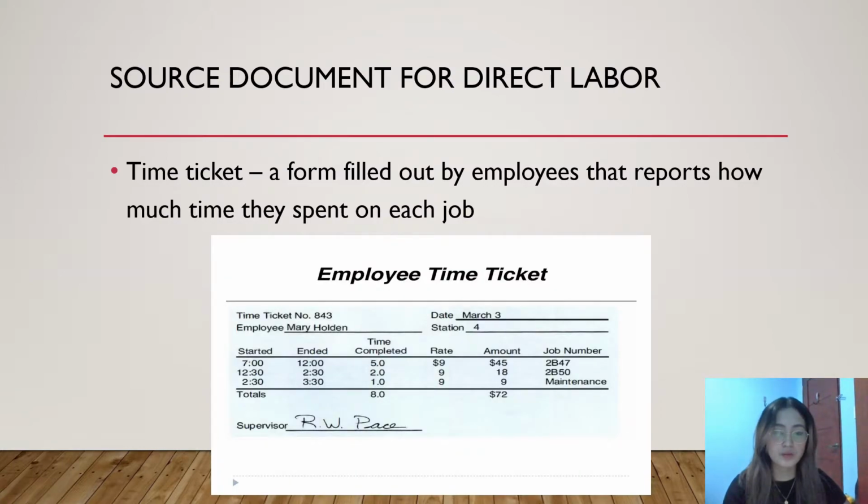Here's an example of what a time ticket looks like. There's the time ticket number, the name of the employee, the date and station, the time started and the time ended, the total time completed, the rate, the total cost amount, and the job number.